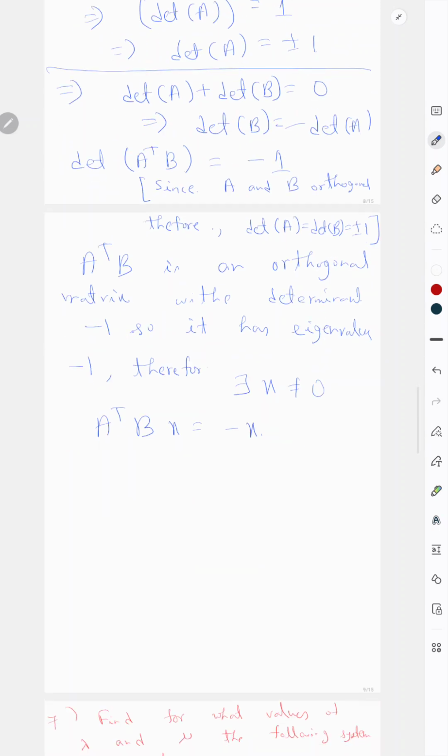Therefore, this is a little bit tricky problem. A transpose B x equal to -x, so you can write A transpose B plus I into x equal to 0. Now multiply with A from the left-hand side. What you will get is B plus A into x equal to 0, right?